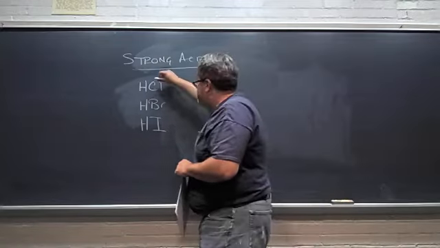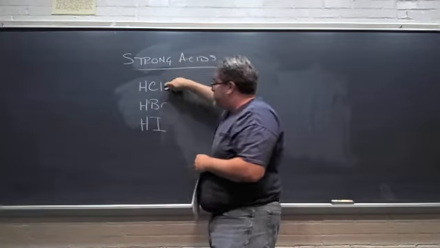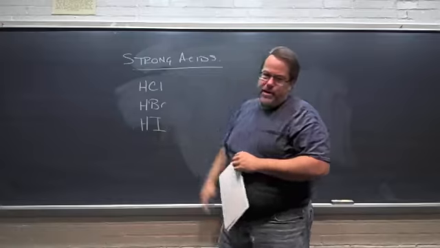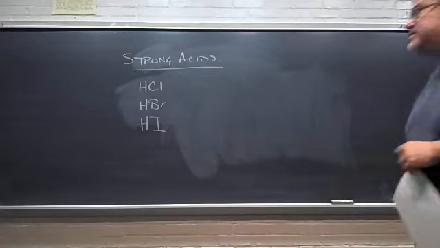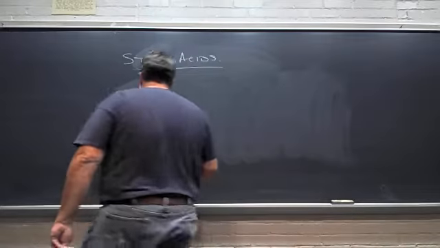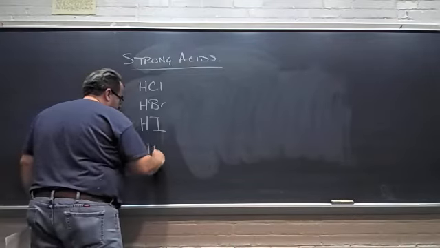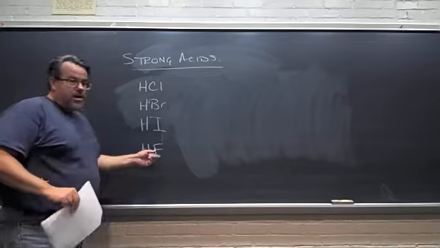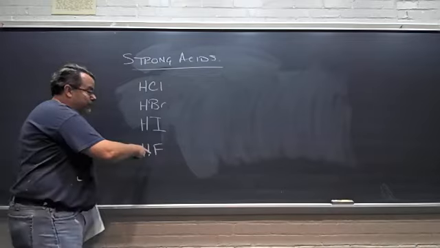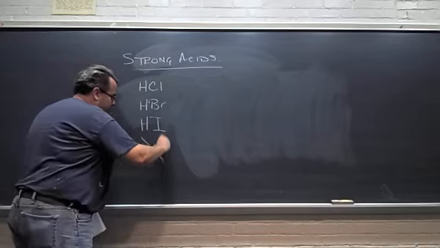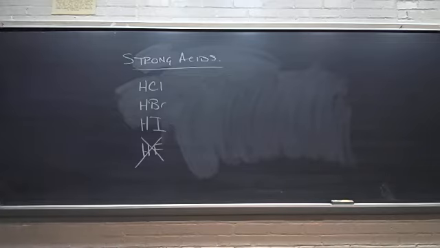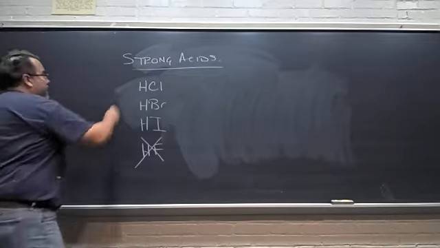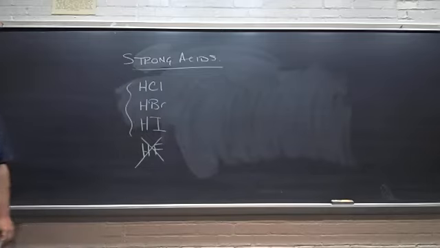These are the halogens: hydrochloric acid, hydrobromic acid, hydroiodic acid. So binary acids formed from the halogens are strong acids, but it's important to remember hydrofluoric acid, which is also a halogen. Hydrofluoric acid is not a strong acid. It's actually one of the weak acids.